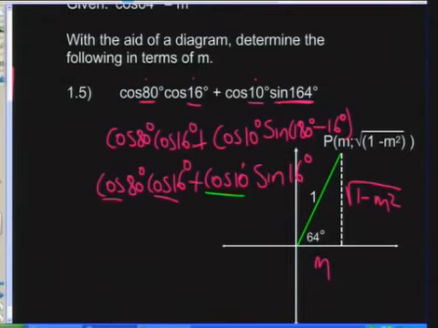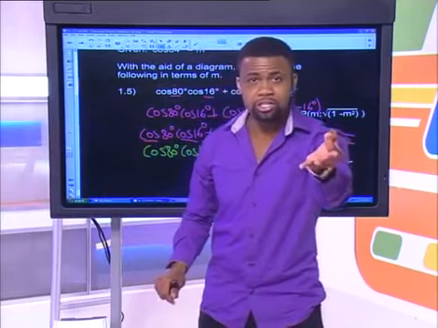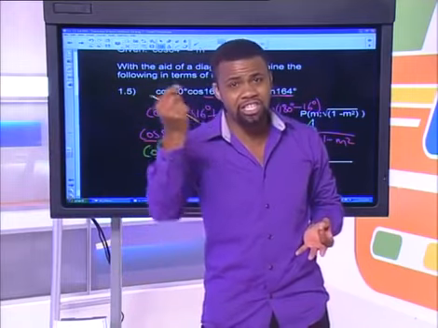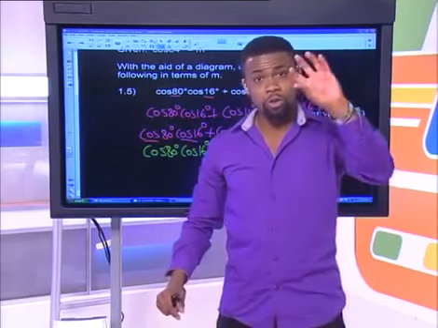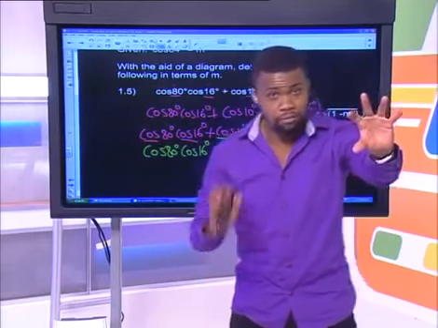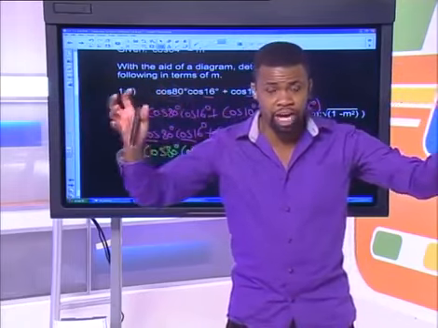Let's keep this as my cos 80 degrees, cos 16 degrees, cos of 10, guys, the co ratio: cos 30 degrees is equal to sine 60 degrees, because they add up to 90. So cos 50 degrees is equal to what? Sine 40 degrees, because of the co ratio thing.